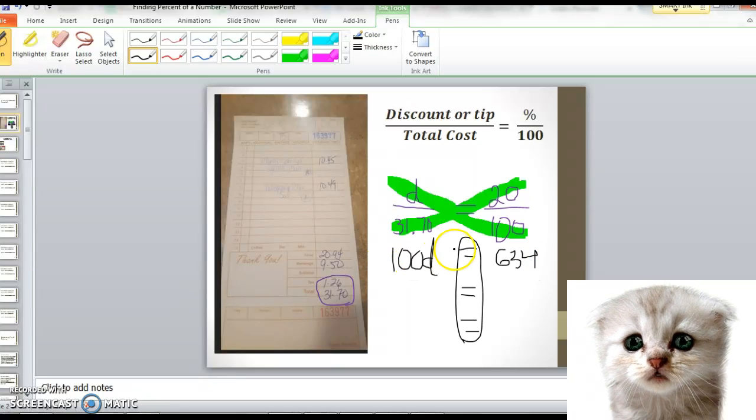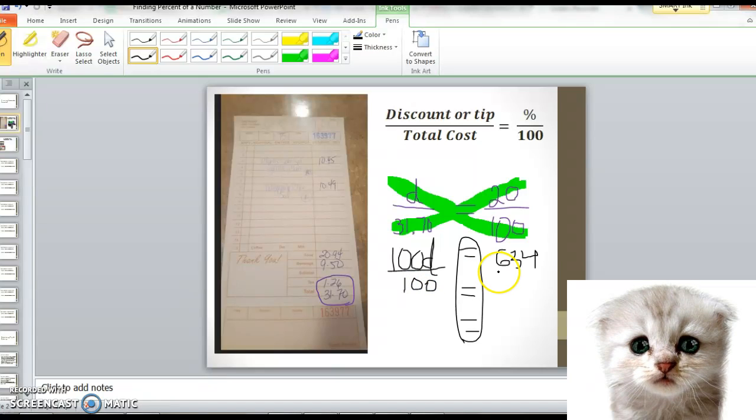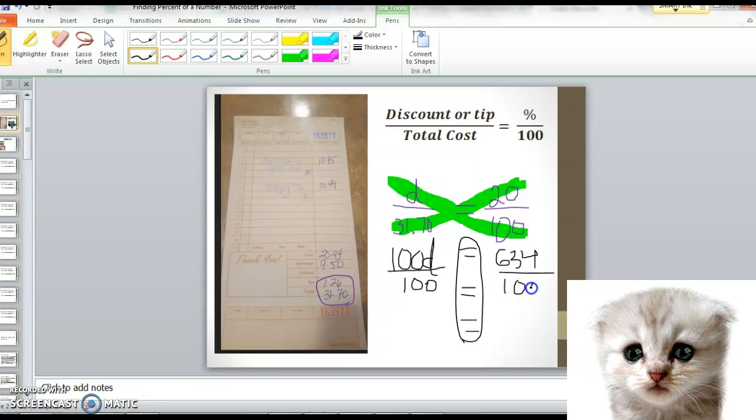Then the next step is I want to find out what D is equal to. In order for me to find D, I'm going to divide both sides by 100 and simplify.